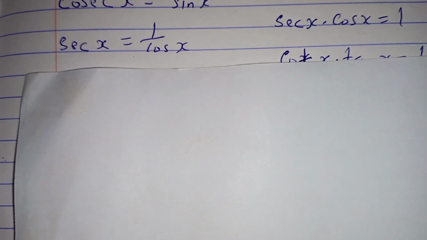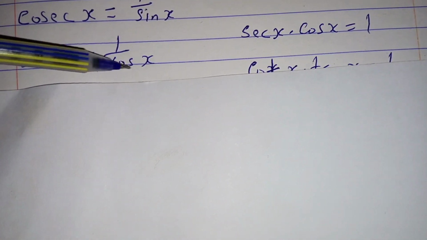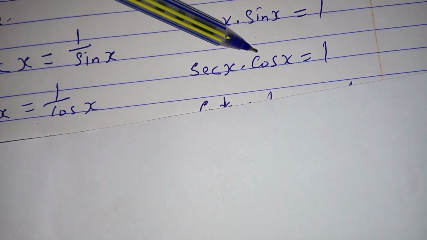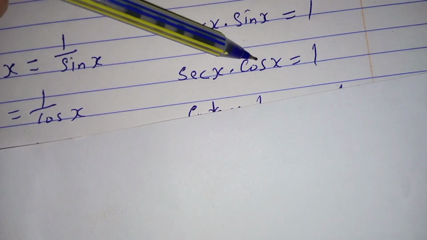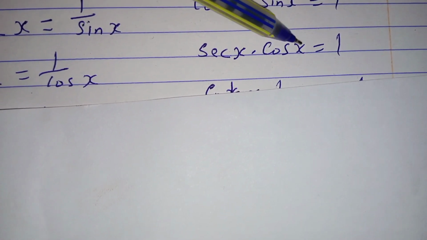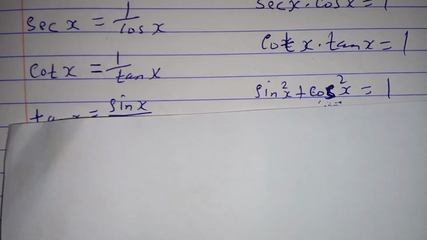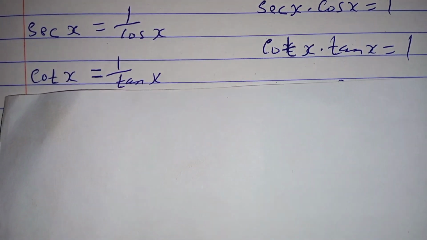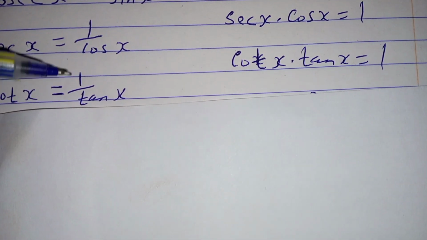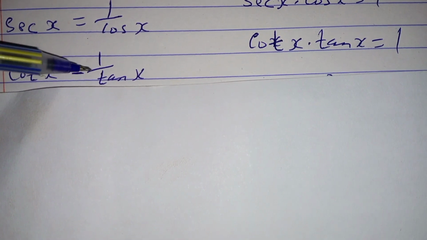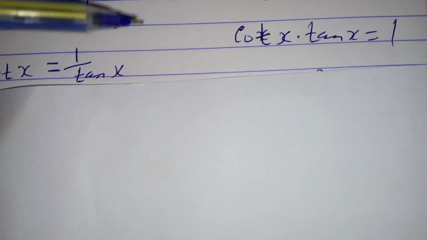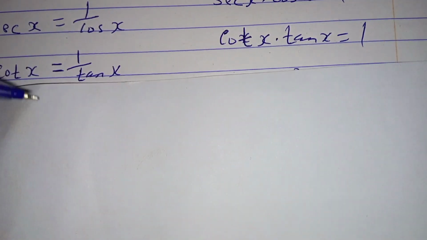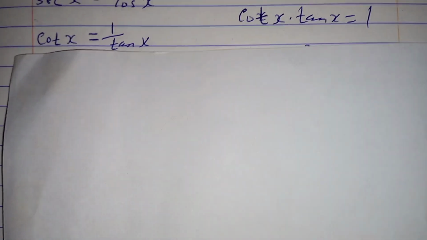Number 2, sec x is 1 over cos x, meaning that cos x multiplied by sec x will give you 1 as indicated here. Number 3, cot x is equal to 1 over tan x, meaning that cot x times tan x will give you 1, because 1 is the inverse of the other one.